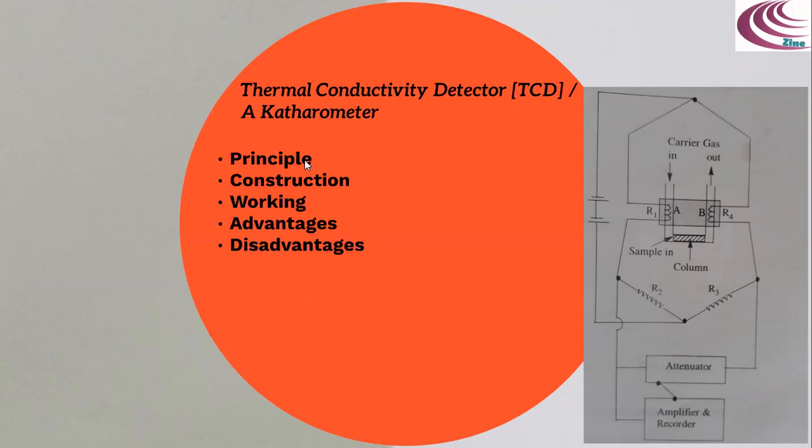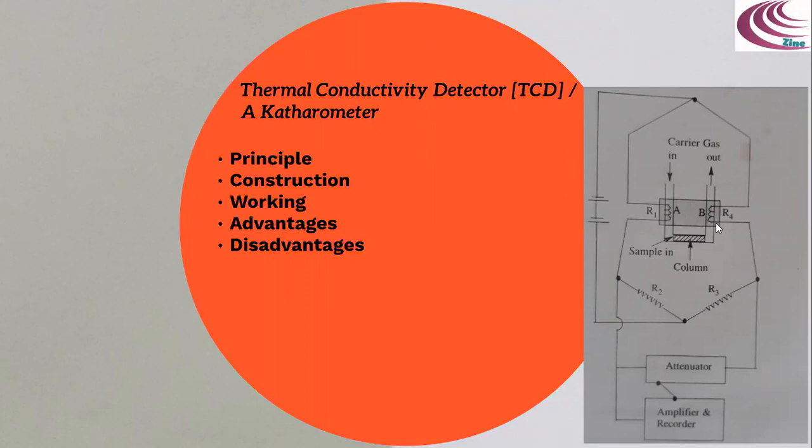The change in the temperature of the resistance wire is because of the difference in the capacity of the solute and the carrier gas to absorb heat, that is, the difference in their thermal conductivities when they are passed over the heated element. The change in temperature changes the resistance, which in turn brings about a change in the current in the circuit, and this gives an idea of the concentration of solute in the eluate.